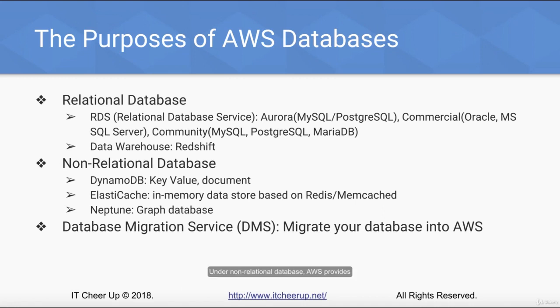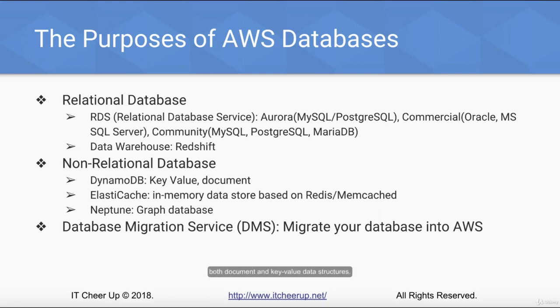On the non-relational side, AWS provides three options: DynamoDB, ElastiCache, and Neptune. DynamoDB is a serverless NoSQL database which delivers consistent single-digit millisecond latency at any scale.